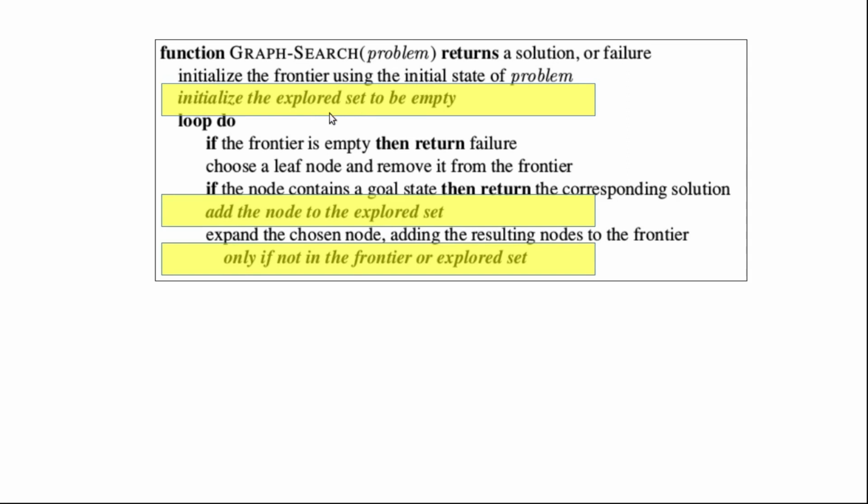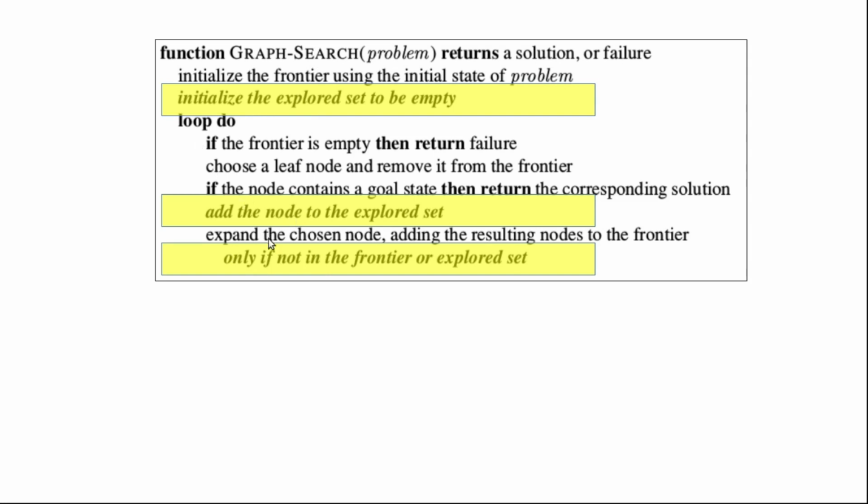So explored state consists of the nodes that have already been expanded. Initially it is initialized to be empty, and then in the loop, actually everything else is same as tree search except these 3 lines.